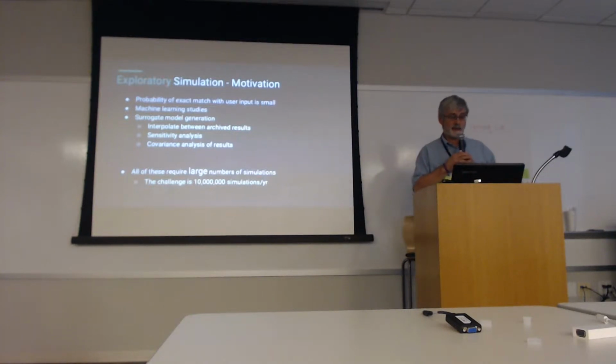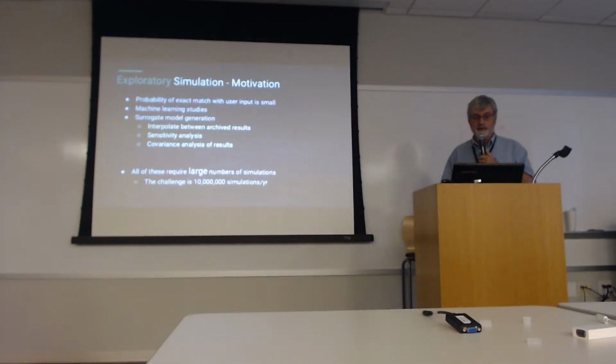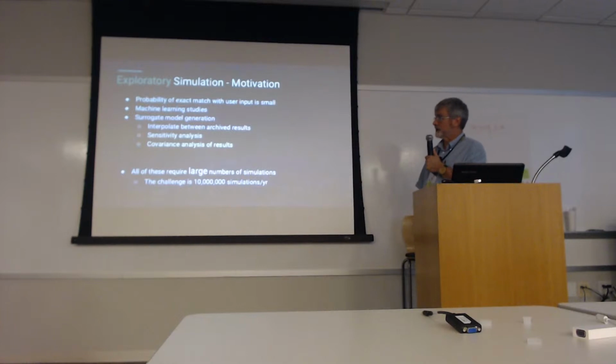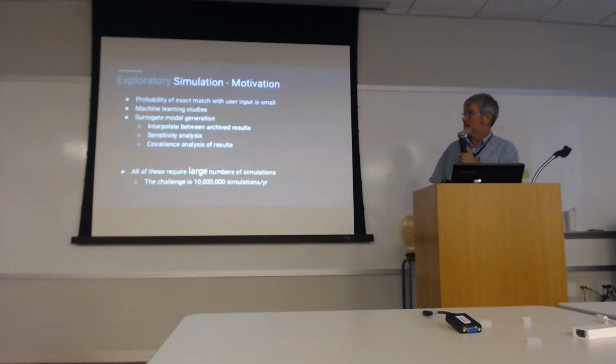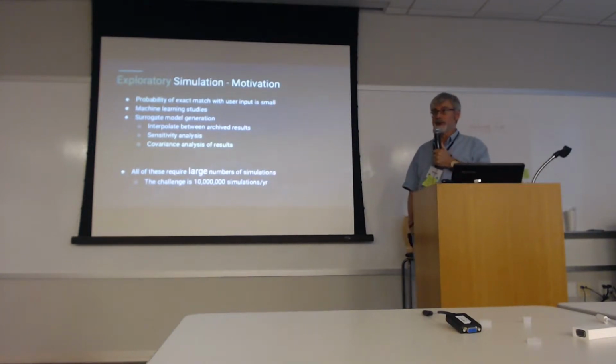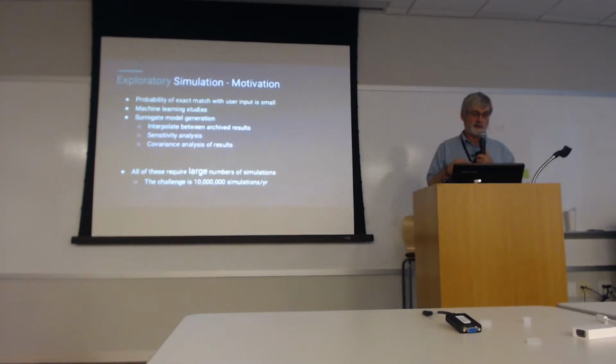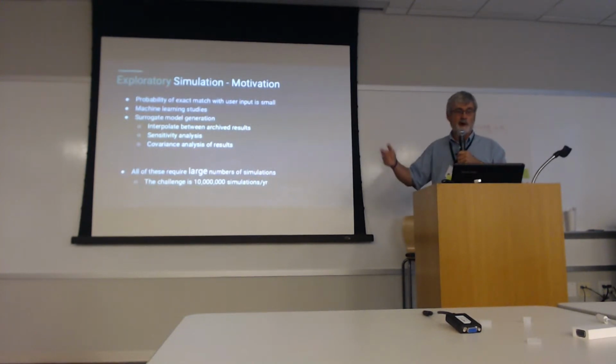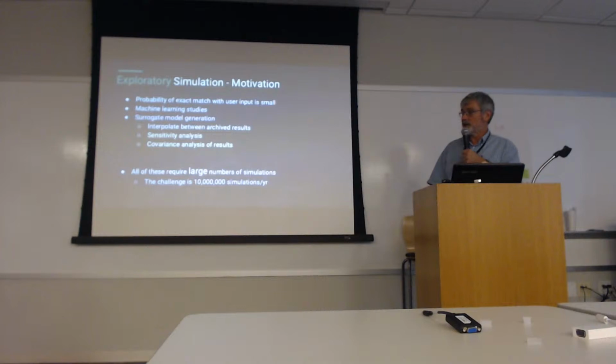Okay, so that's sort of the setup, the prelude to what we are going to do with exploratory simulation. So what we do realize is that, sure, we can take input files that we have, we can look at the XML file and learn that certain inputs are numeric and that they vary from point A to point B. And so what we do then is you split that range into some small number of points, and you generate a simulation for each combination of those points.